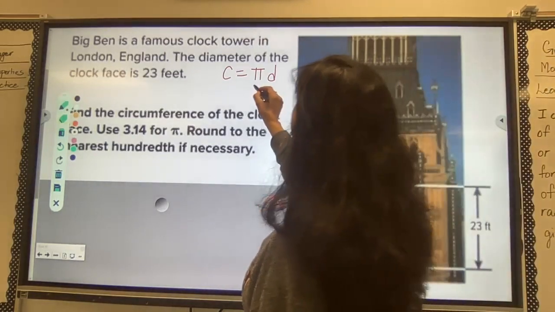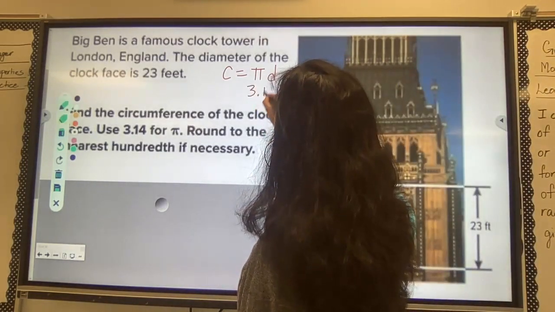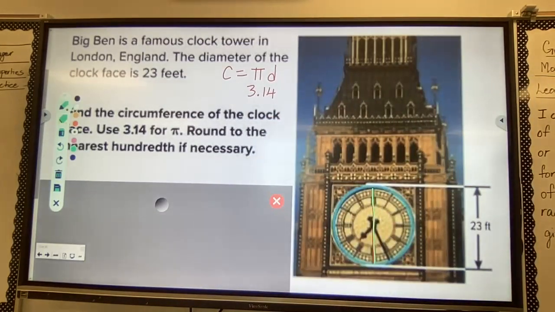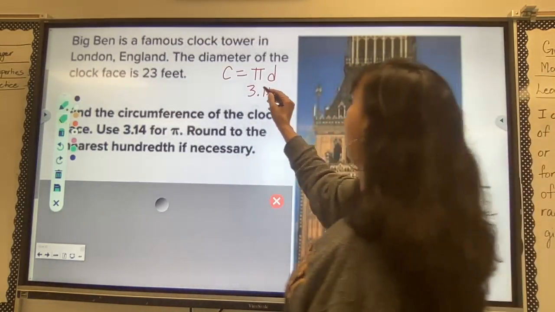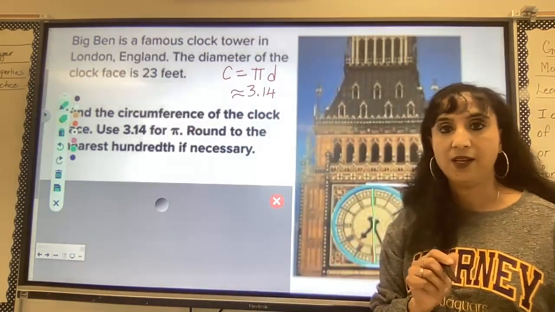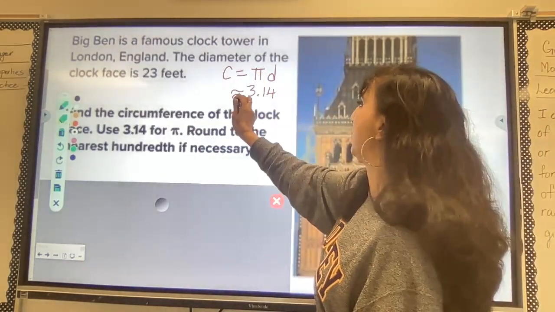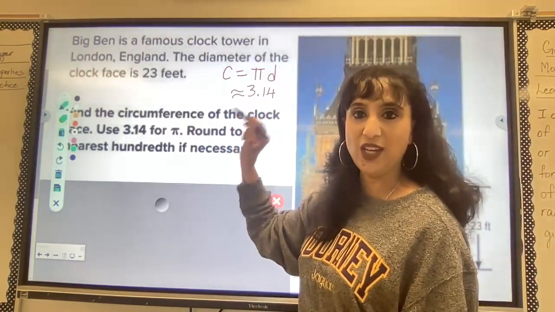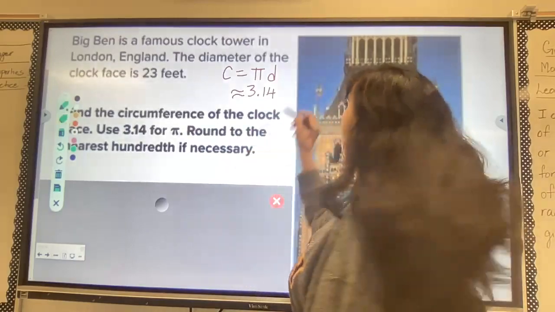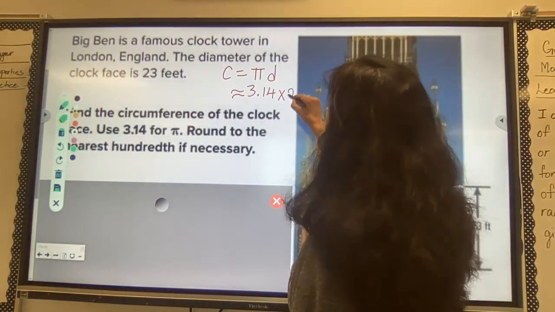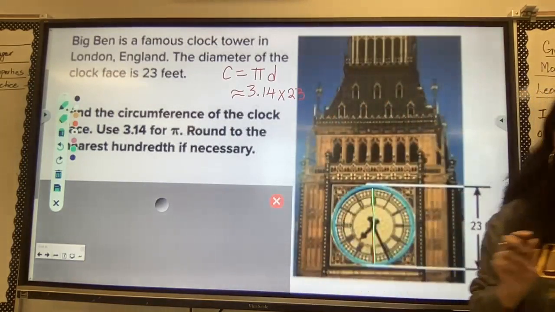We already said the value of pi is 3.14, which is an approximate value. Because I'm using an approximate value, I'm just going to change the equal sign to this, approximately equal. Times what is the diameter? Diameter is going to be 23.